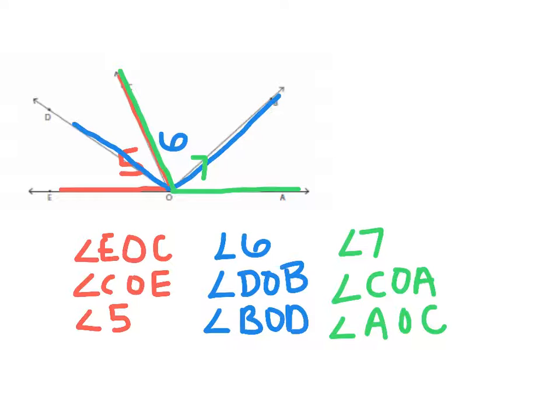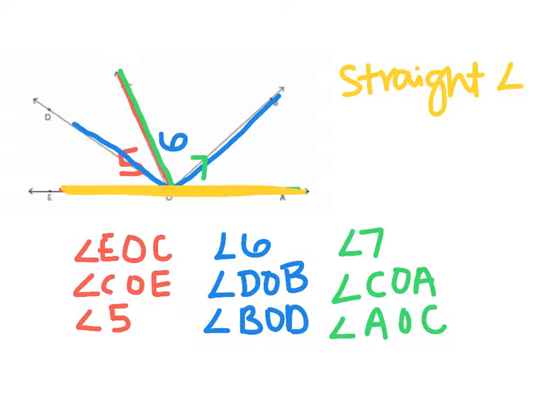And one last angle, which is the least obvious of them all, is this angle right here in yellow, which doesn't look like an angle at all. It looks like a straight line. That's actually called a straight angle, for obvious reasons, because it's straight.